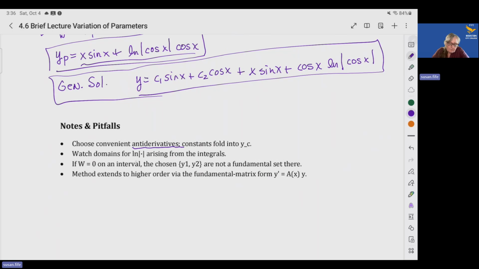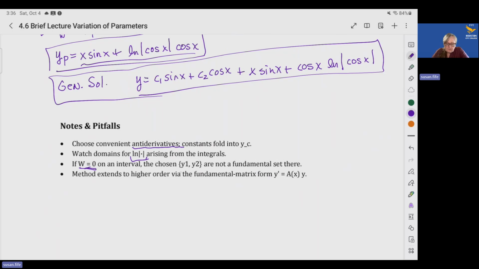Watch for domains for natural logs that come out of the integrals, because you have W1 over W, W2 over W. You might have natural logs, and if you have natural logs, you have limited domains. If W is equal to 0, you can't use variation of parameters to find the particular solution.